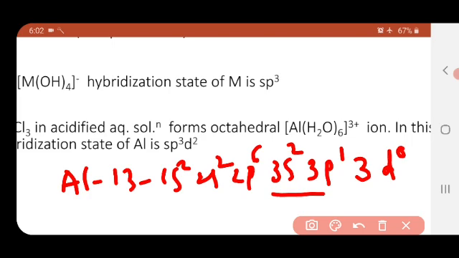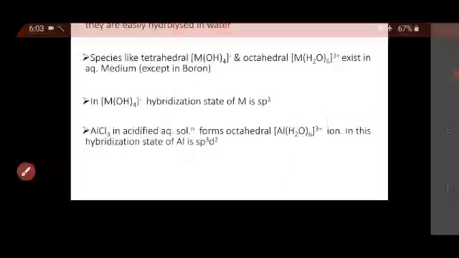So we write 3d0. Now 3d0 means what? The presence of d orbital is there but there are no electrons. That's why we are not showing. But now in the excited state this s electron can jump to d and hence the d orbital can be involved, and this is how sp3d2 hybridization takes place. Okay.